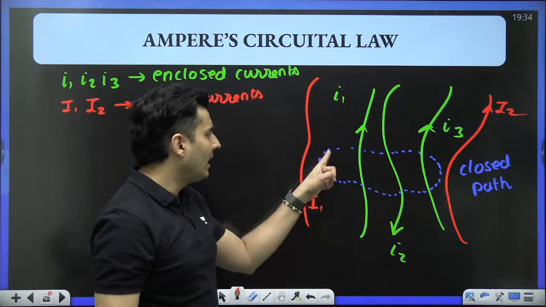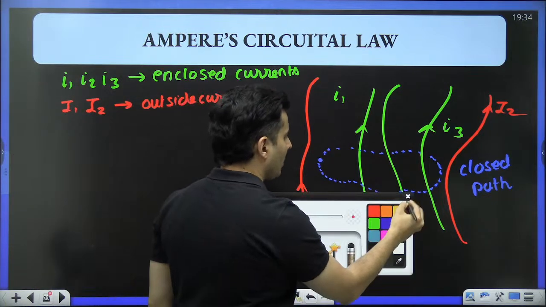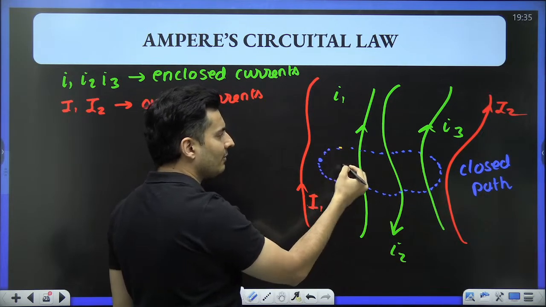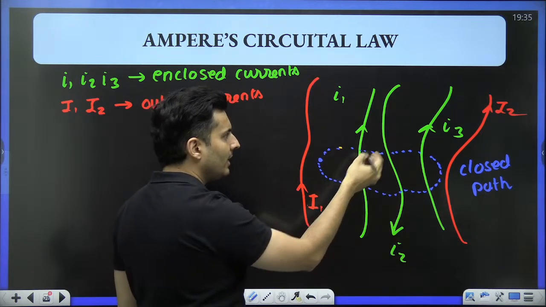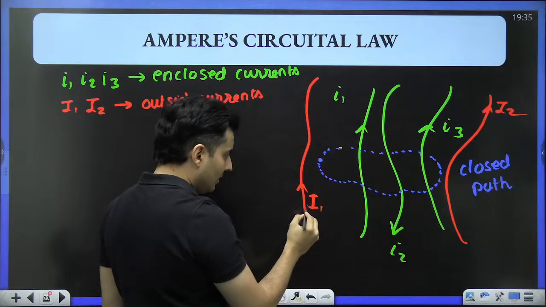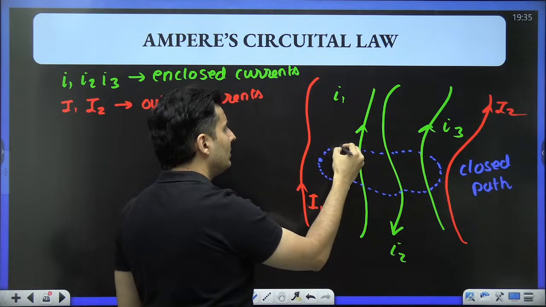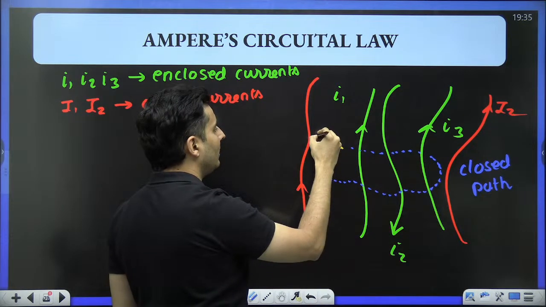Now at any point, let's say I take a point over here, this I1 will create some field, this I2 will create a field, this I3 will create a field, this capital I1 will also create a field, this capital I2 will also create a field. So there might be a net magnetic field.